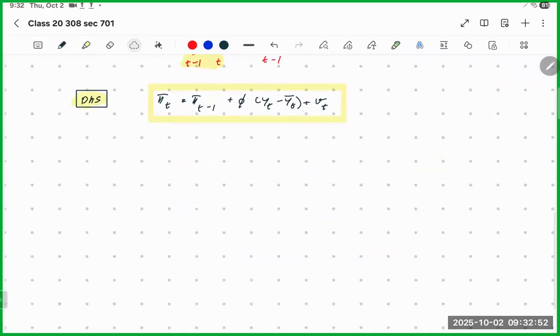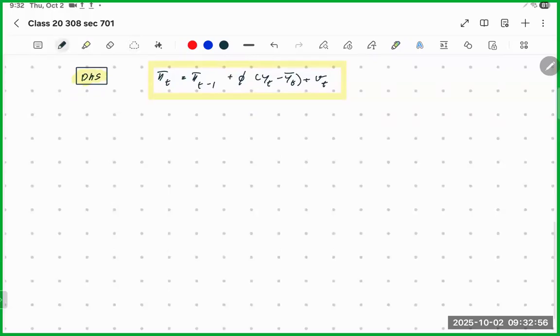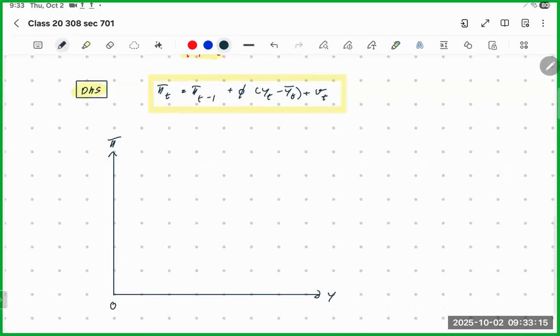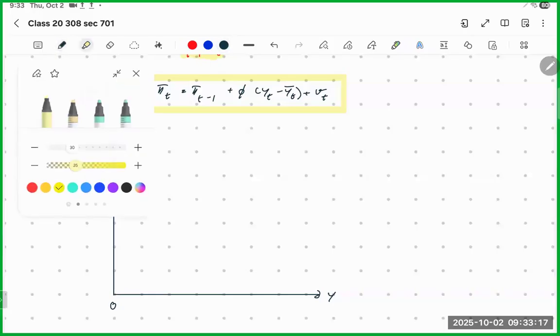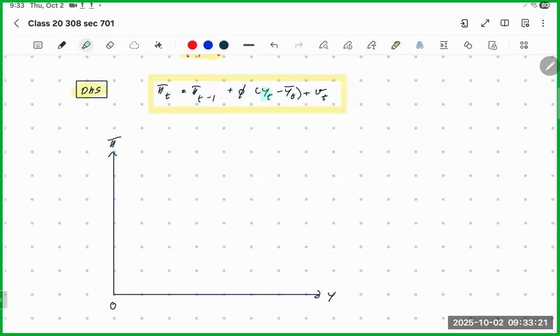From this equation, we can simply draw the graph. Here, in the graph of the dynamic model, on the horizontal axis is going to be y, and on the vertical axis is going to be pi, for inflation. In order to draw the graph, we look at the relationship between the vertical and the horizontal. The horizontal is yt.